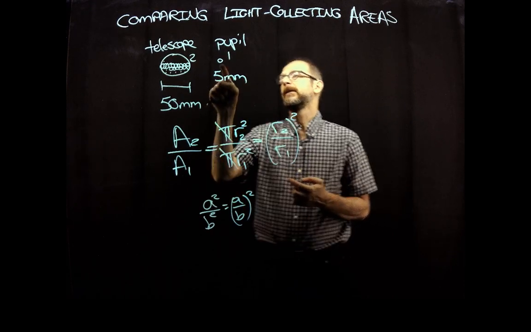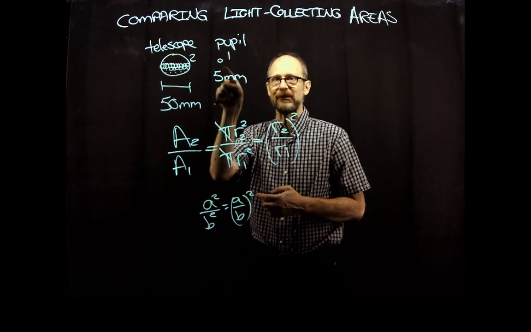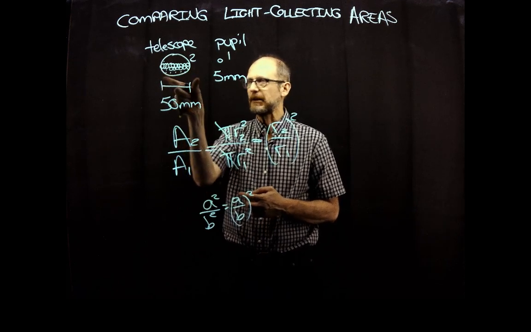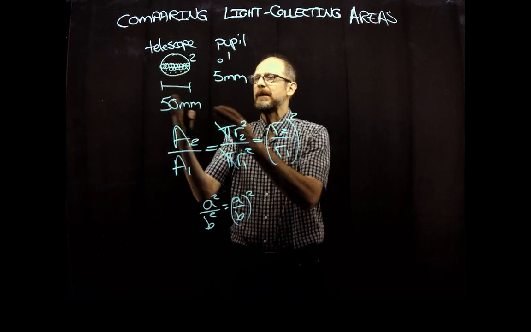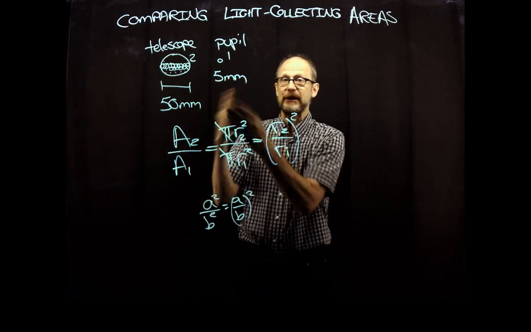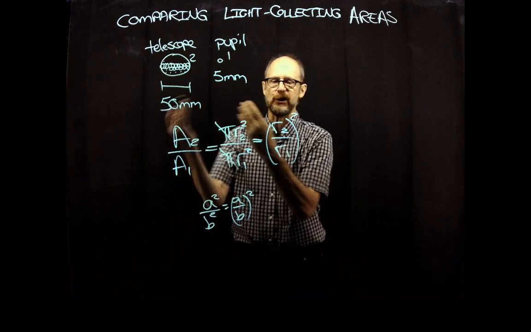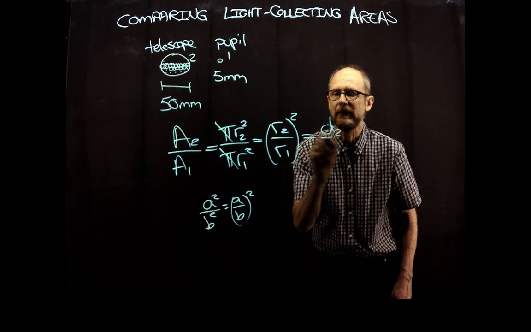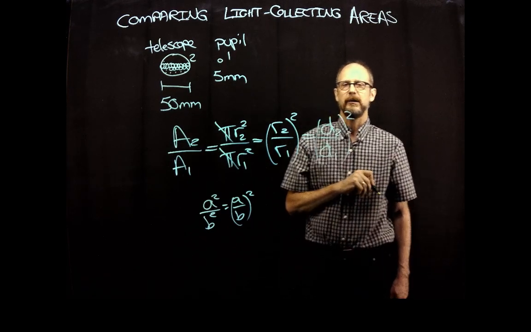In other words, the radius of this pupil in my example is 2.5 millimeters, half the diameter. The diameter of this is 50, therefore 25 is the radius. So 25 versus 2.5, well, that's a ratio of 10. Well, 50 versus 5 is also a ratio of 10. So in other words, I can also write this ratio as the diameter 2 over diameter 1 quantity squared.